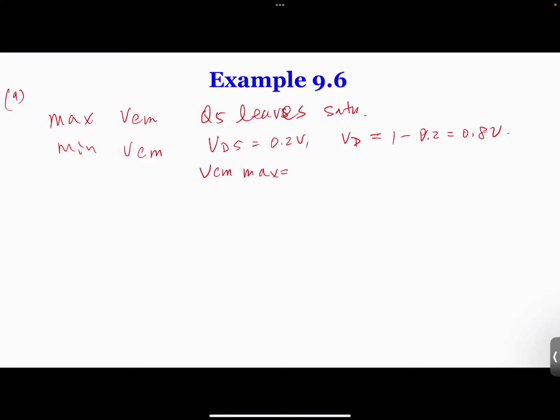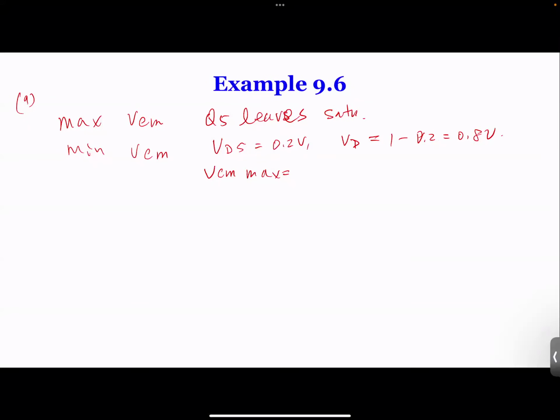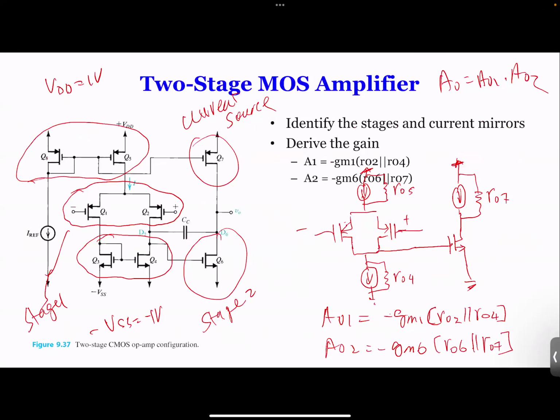And then VCM max has to be, let me see, what symbol do I call it? I want to make sure I have the correct name. This one we have, VS1, sorry. So VS1 over here is 0.8 volts.